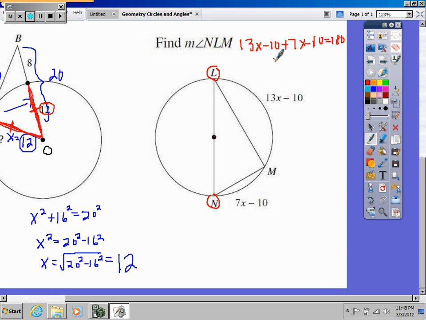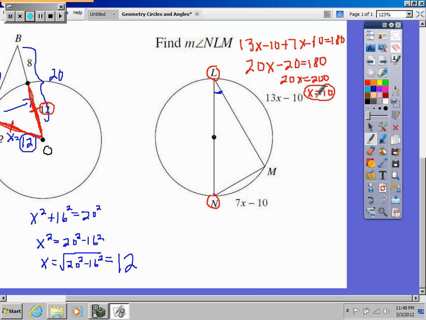If I combine like terms here, I would get 20x minus 20 is equal to 180. So 20x is going to be 200. X would be 10. Okay, so I got the x value to be 10, but I want to find the measure of angle NLM. So NLM is going to be right here.